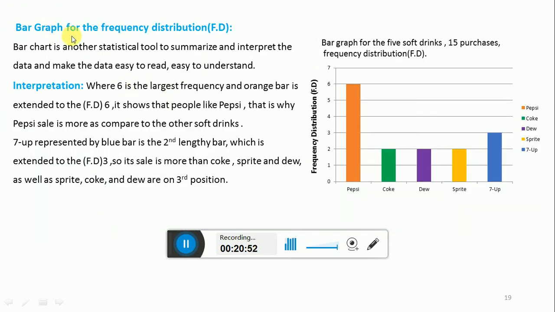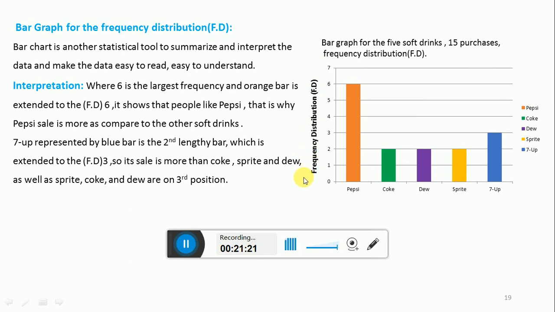This is the bar graph for the frequency distribution. In the frequency distribution table we have the frequency distribution, the relative frequency distribution, and the percent frequency distribution. This bar graph is for the frequency distribution only.